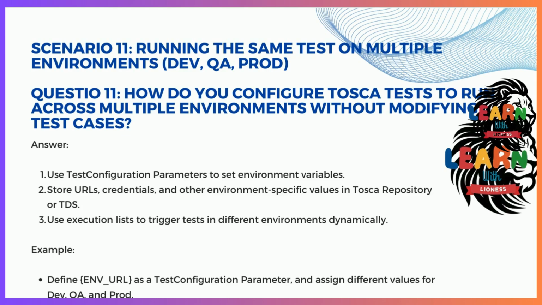Store URLs, credentials, and other environment-specific values in the Tosca repository or TDS. 3. Use execution lists to trigger tests in different environments dynamically. Example. Define env_URL as a test configuration parameter and assign different values for dev, QA, and prod.